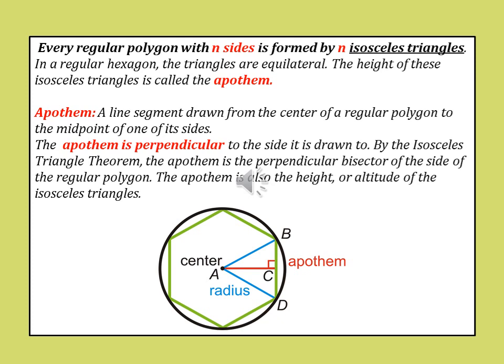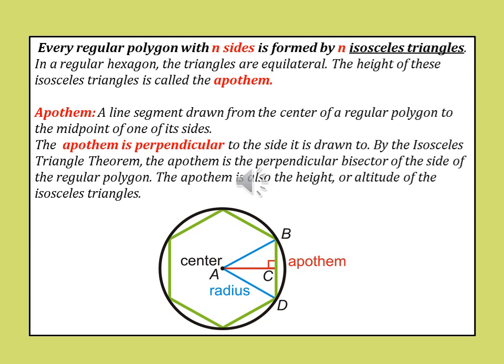Why? A hexagon has 6 sides, and the central angle will be 60 degrees. Then the isosceles triangles formed are equilateral, and each of these angles will be 60, 60, 60. That's why the triangles formed are equilateral.